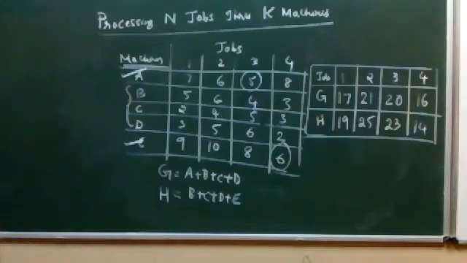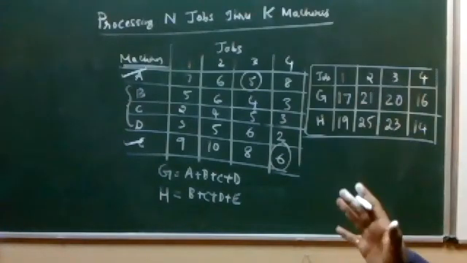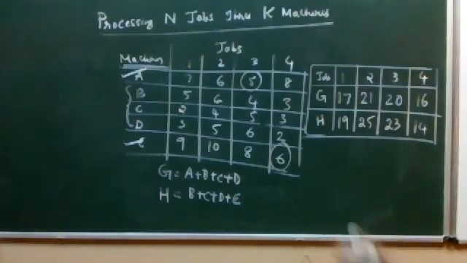And please remember, again I'm telling you very clearly, the whole activity of converting the number of machines into exactly 2 machines is only to facilitate Johnson's rule. Once Johnson's rule is applied, these values have absolutely no significance. The same thing I told you in the 3 machine problem also.